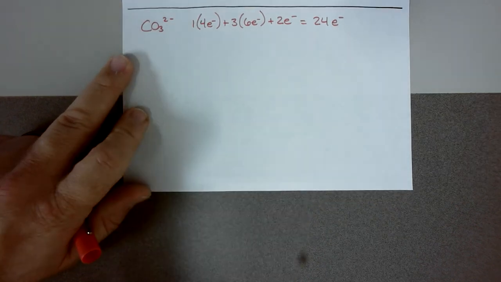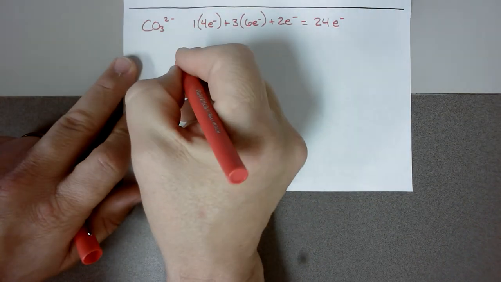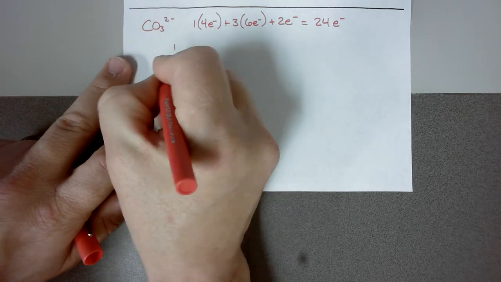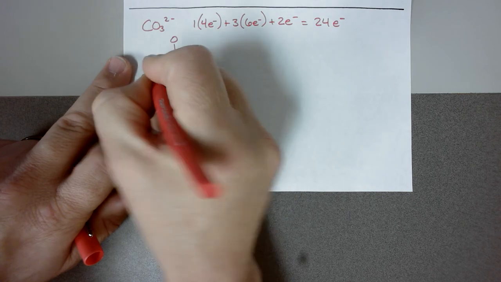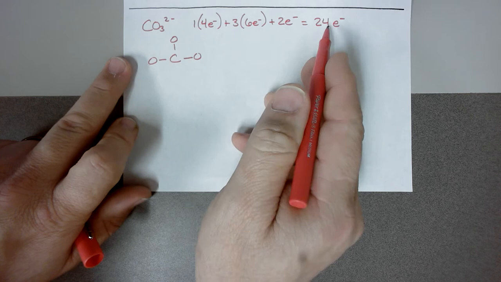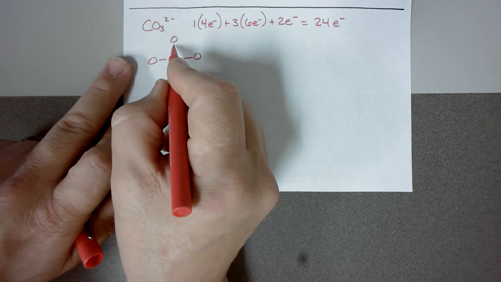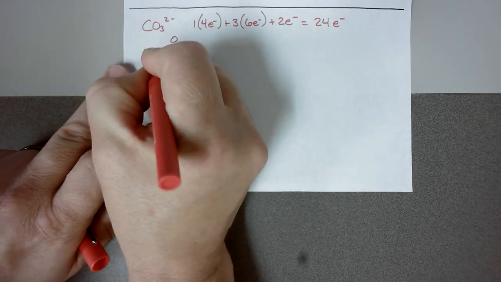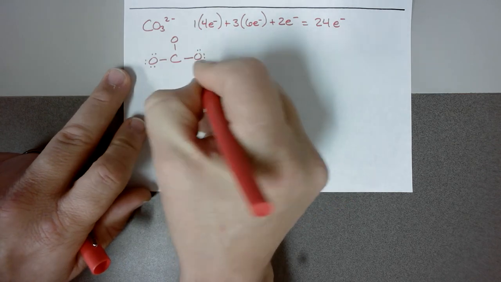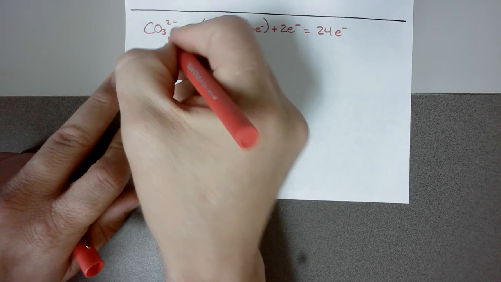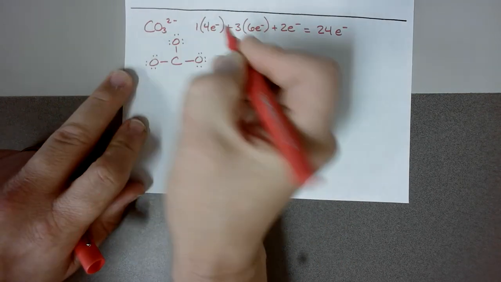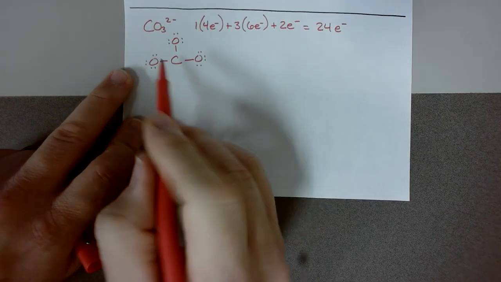Now again, carbon's going to go in the center, and I'm going to draw 1, 2, 3 oxygens. And then I start placing electrons. I got 2, 4, 6, 8, 10, 12, 14, 16, 18, 20, 22, 24 electrons. Okay, so I've got all my electrons, I've used them.